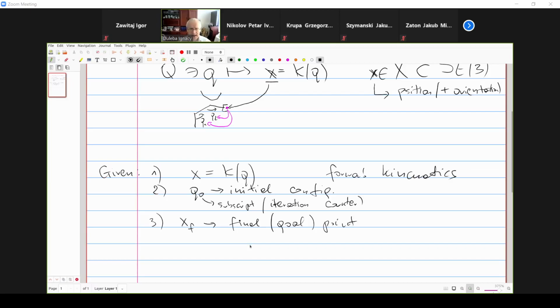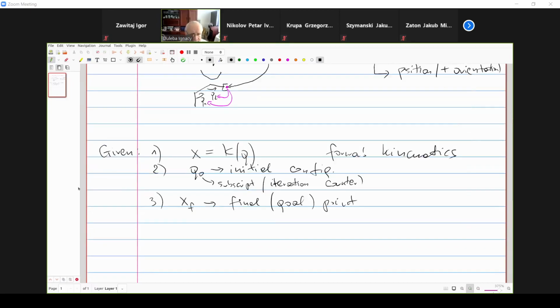And we need to find such Q star that if we plug Q star into K, then K of Q star is equal to XF.